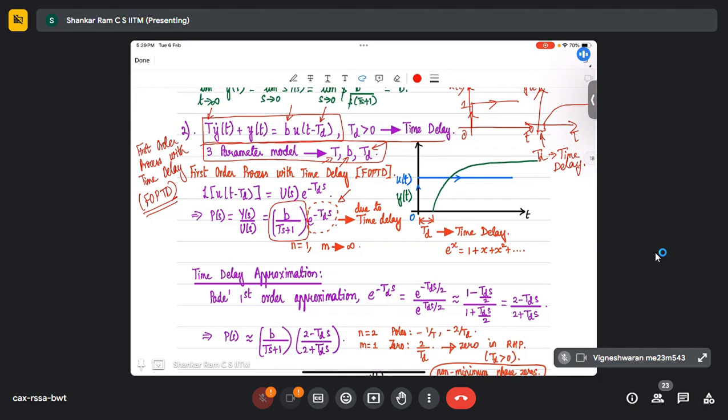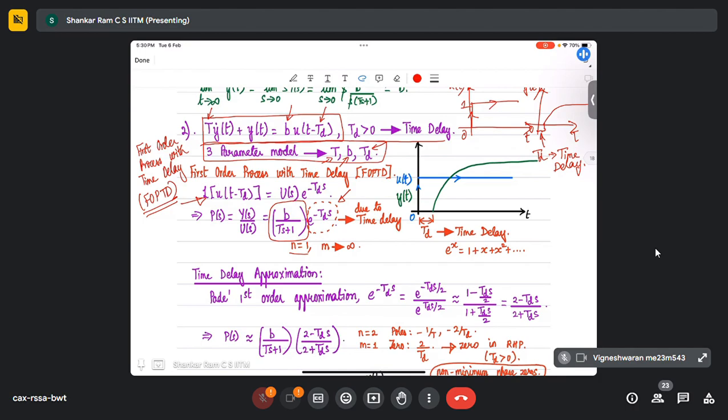Please remember that. We have gone to the S domain. This is how the Laplace of the time delay comes out to be. Now the challenge for us is that in here we have n to be 1. The numerator polynomial is of order 1.